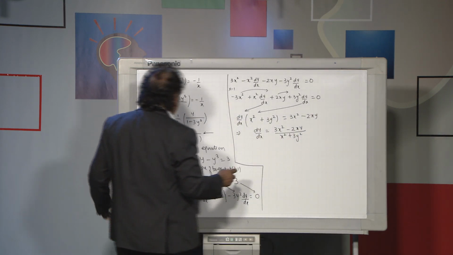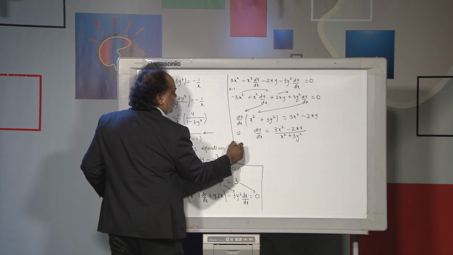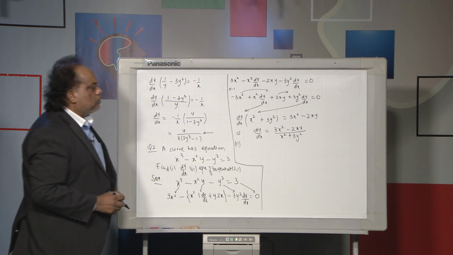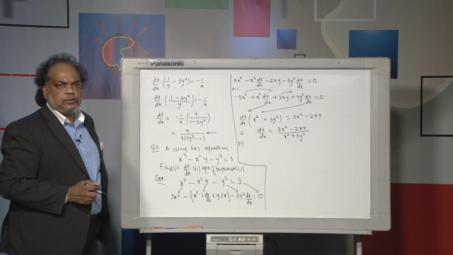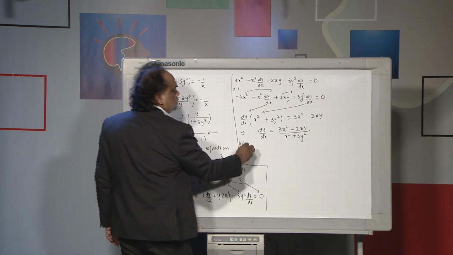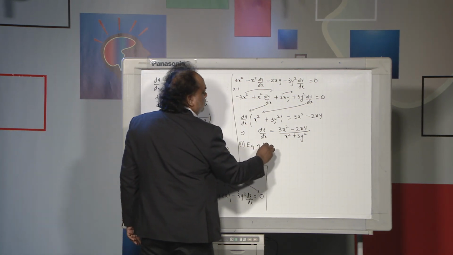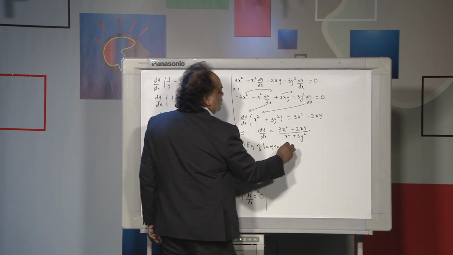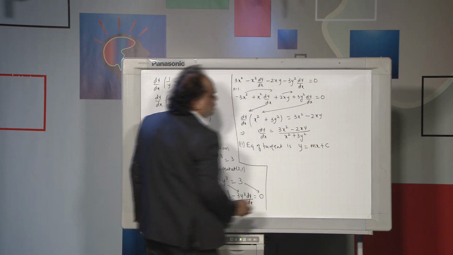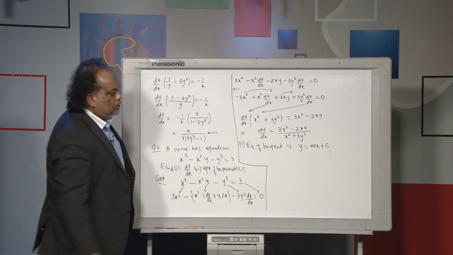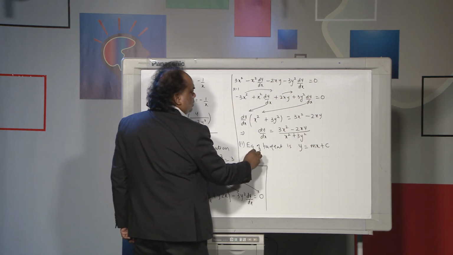Now, the second part, we are asked to find equation of tangent. What is equation of tangent? Equation of tangent is y is equal to mx plus c, where what is m?